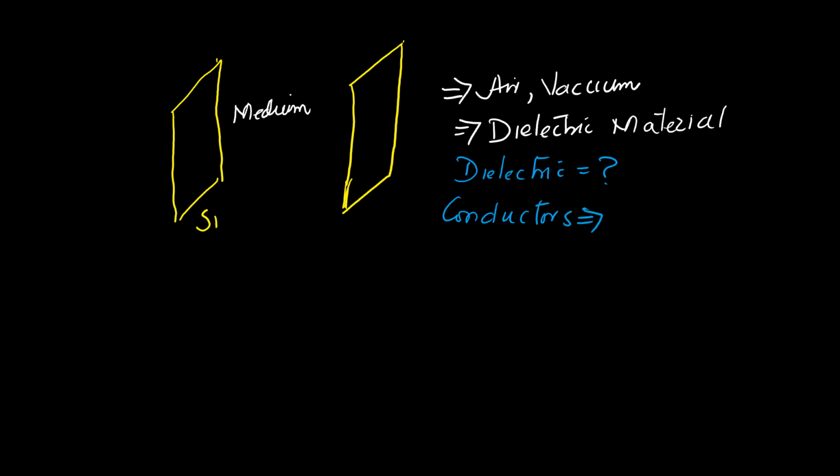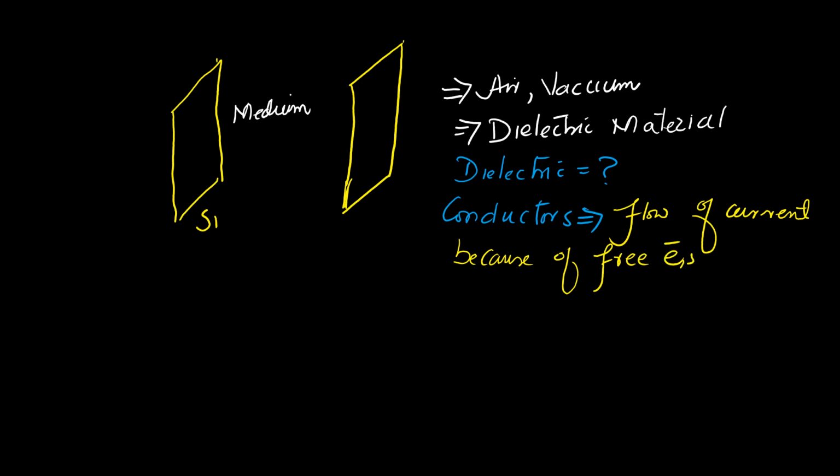They allow the flow of current because of free electrons which reside on the surface of the conductors, whereas the other types of materials are insulators.